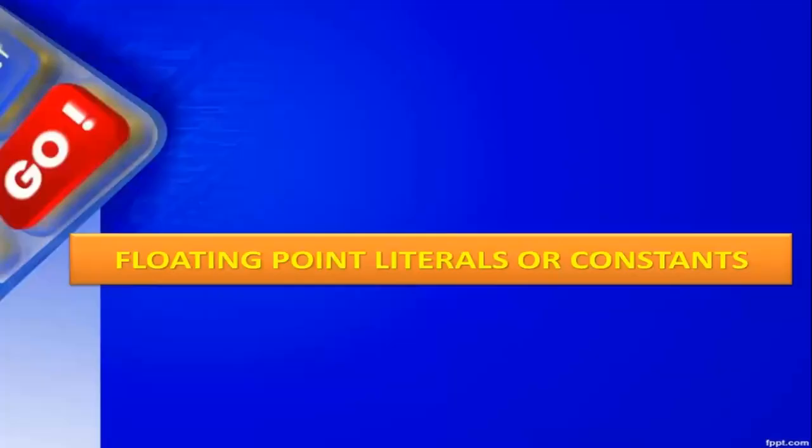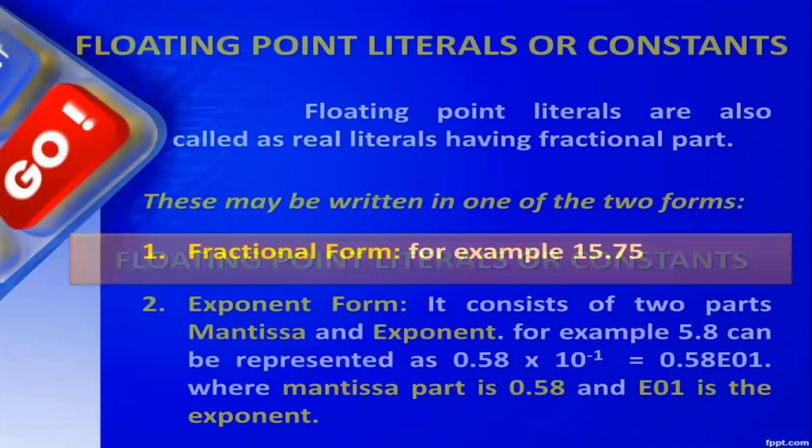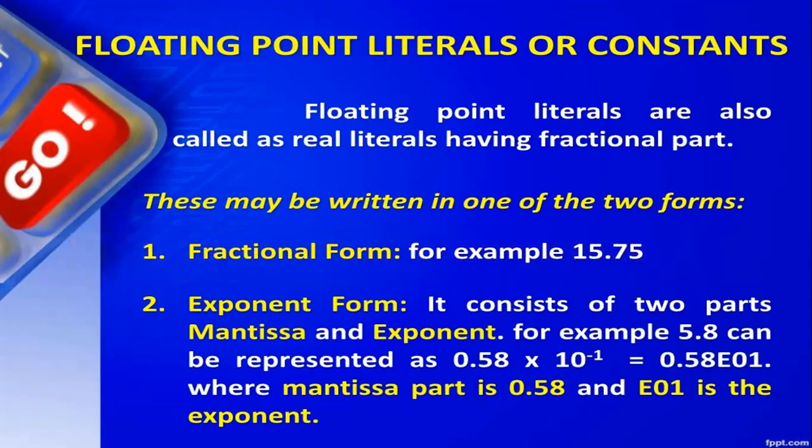The next one is float literal or constant. Floating point literals are also called real literals because they have a fractional part in them. So we can say 15.75 is a float, or a real number.